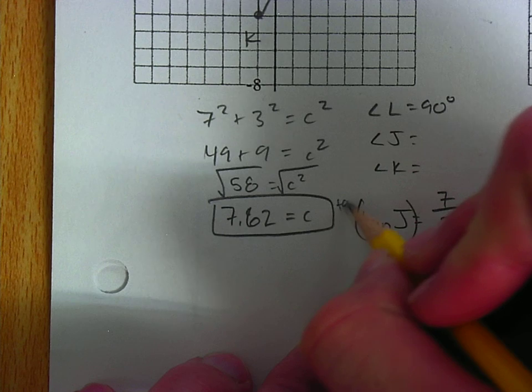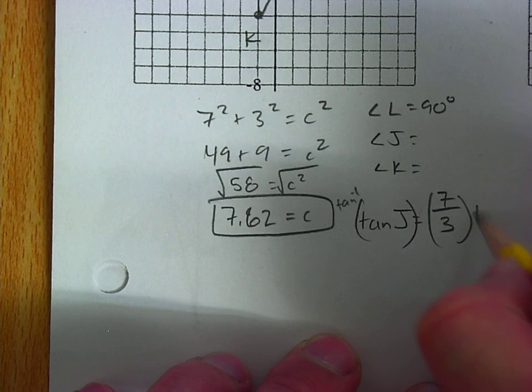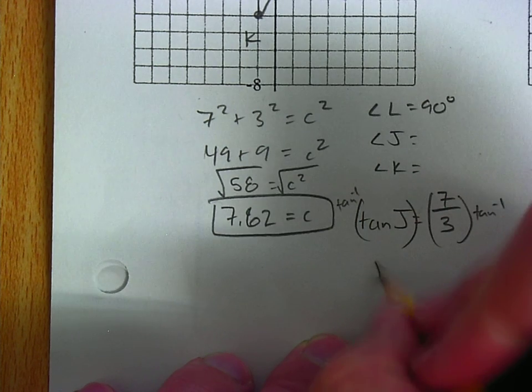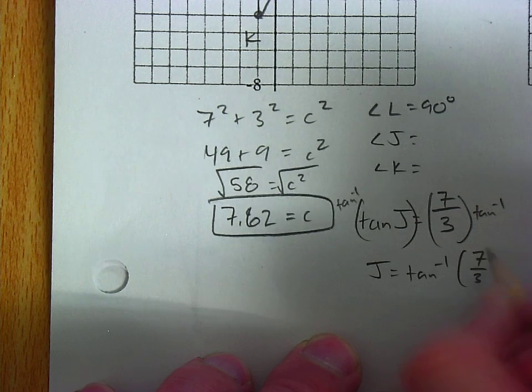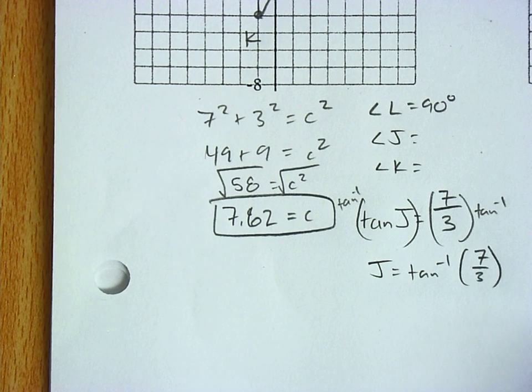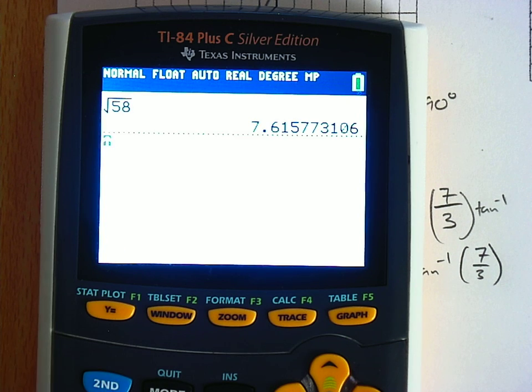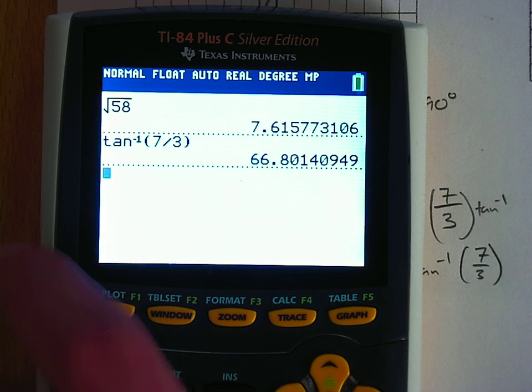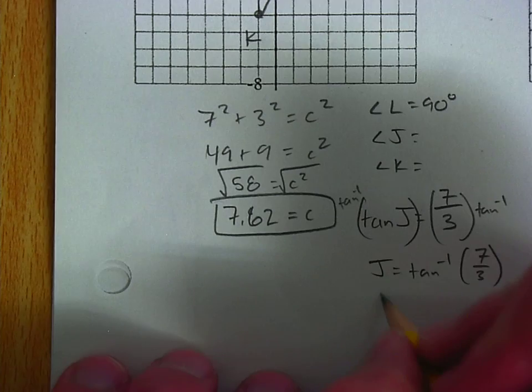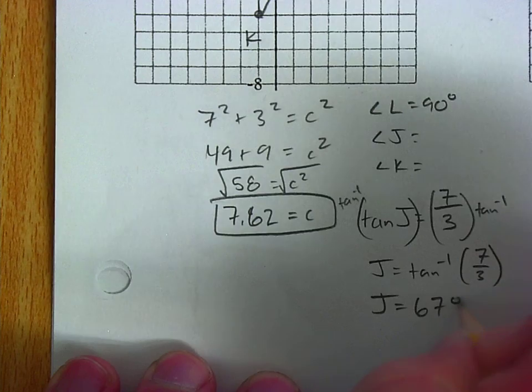And then since we're solving for an angle, we're going to do inverse tangent. So J is inverse tangent of 7 over 3. We plug that into our calculator, second tangent of 7 divided by 3. They want it rounded to the nearest degree, so we get 67 degrees. J equals 67 degrees.